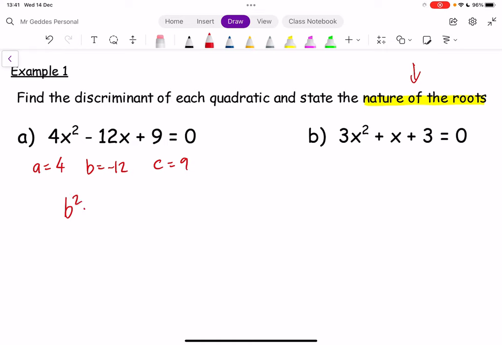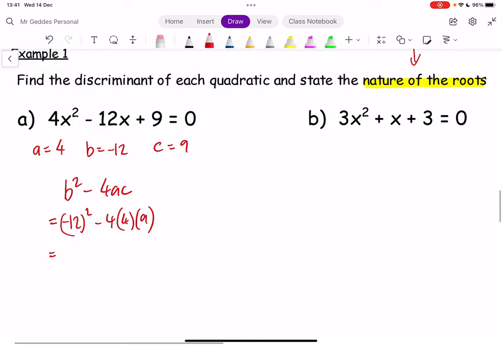Then the discriminant, b squared minus 4ac. That's negative 12 squared minus 4 times 4 times 9. Now, I'm not going to care what this number is, but I will care whether it's plus, 0 or minus.